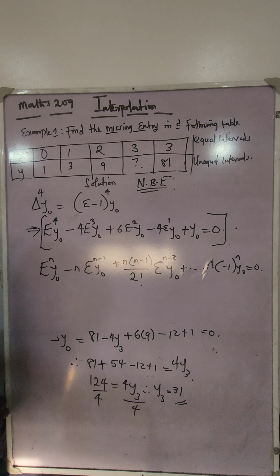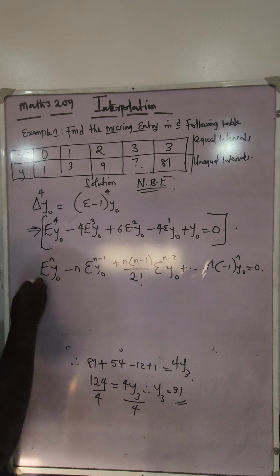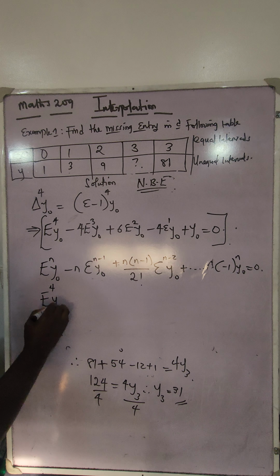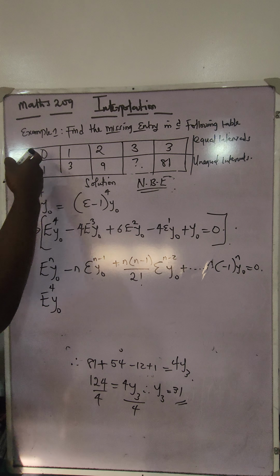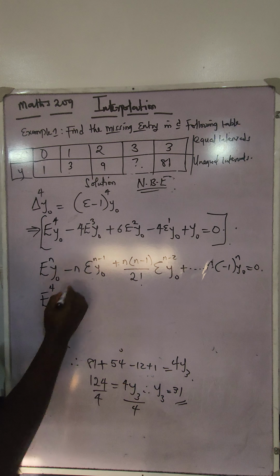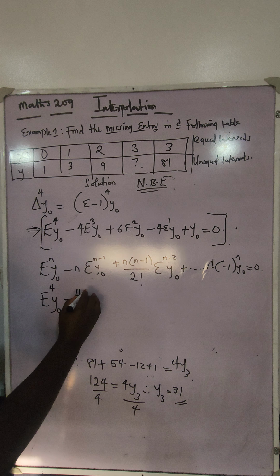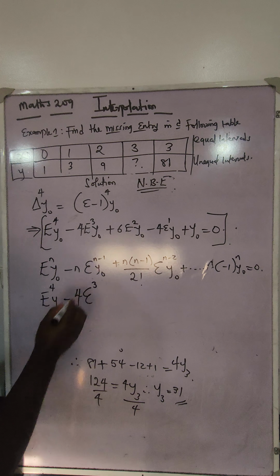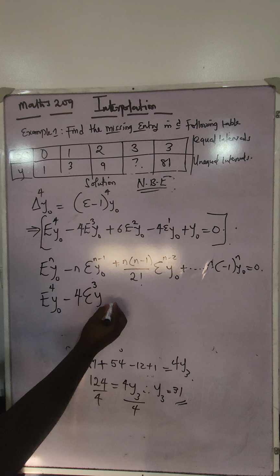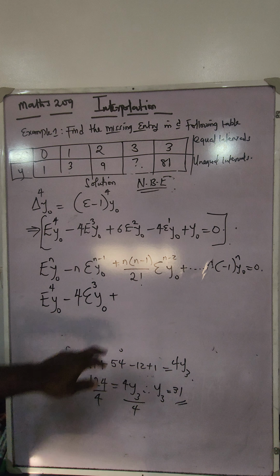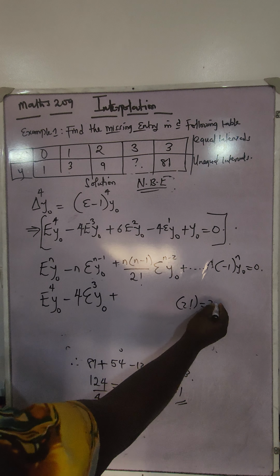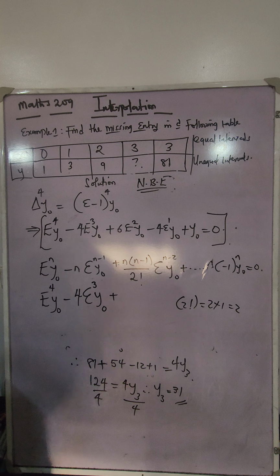So if you factor that into this formula, what you'll have is E to the power of 4 y naught, minus 4 E to the power of, now what is 4 minus 1? 4 minus 1 is 3. Do you see that? 3 y naught plus, now 2 factorial, as we all learned, means 2 times 1, which is 2, right?